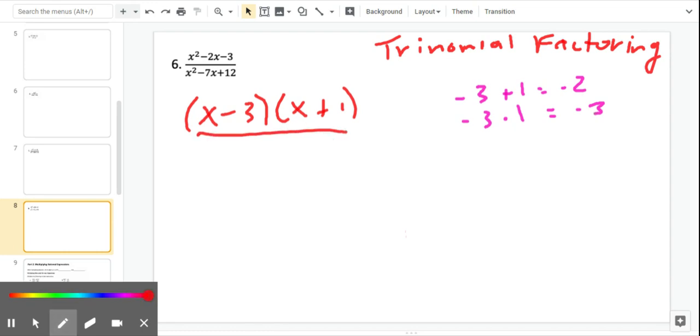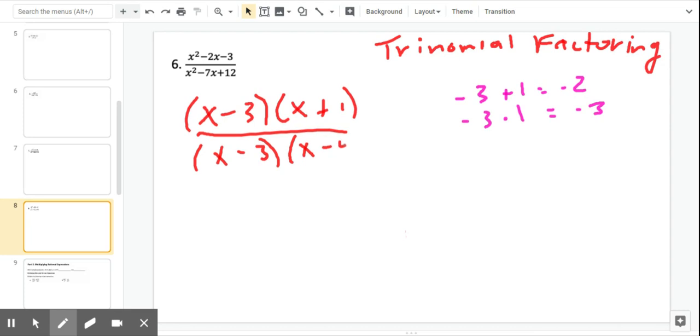And then in the denominator, we want to know what adds to negative 7 and multiplies to 12. That'll be x minus 3, x minus 4, because negative 3 plus negative 4 equals negative 7, and negative 3 times negative 4 equals 12.